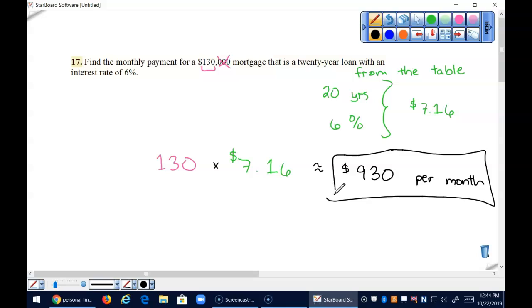I come into the bank with this briefcase full of money like a mobster, and you're the bank teller. And I say, here's $7.16. And you say, great, here's a $1,000 mortgage. And I say, here's another $7.16. And you say, great, here's another 1,000. And I keep doing this. And after 130 times, I run out of money in my briefcase. So how much did I get for my mortgage? 130,000.